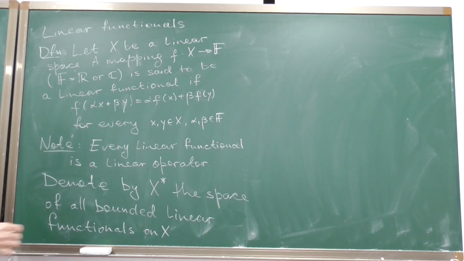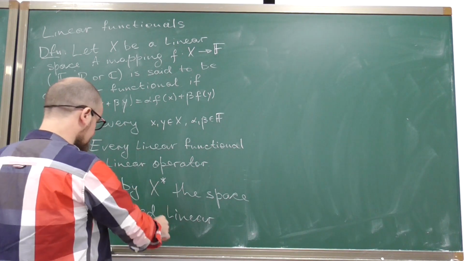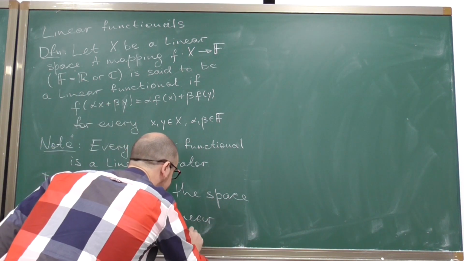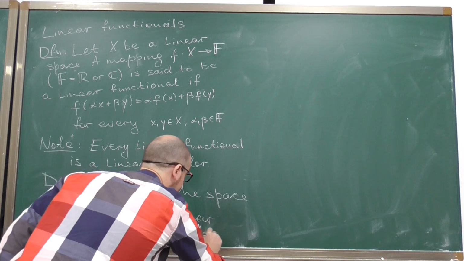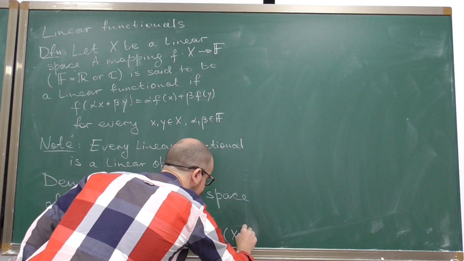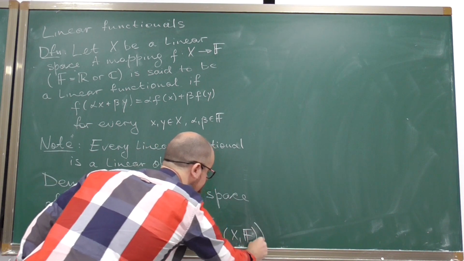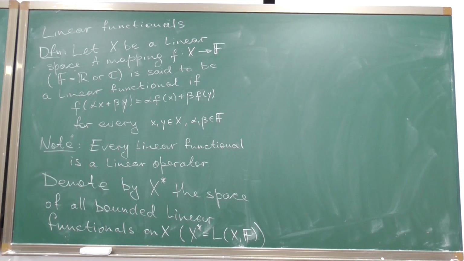So in those terms, X star is L of X to the set of scalars. This space of all bounded linear functionals on a linear space, X star, is called the dual space.